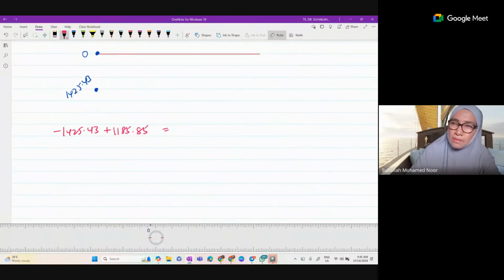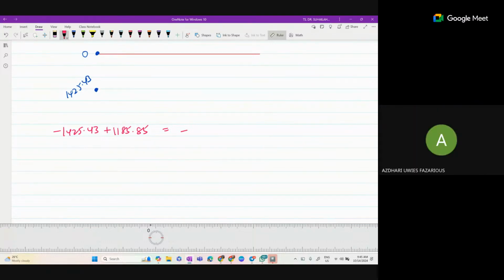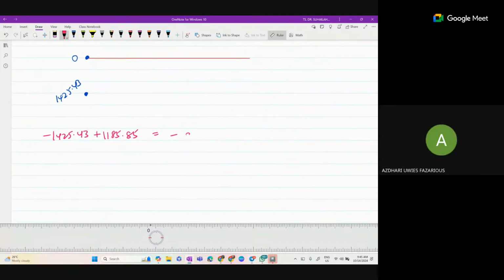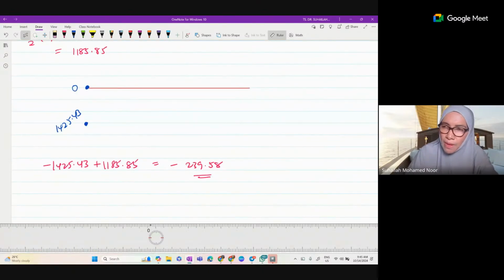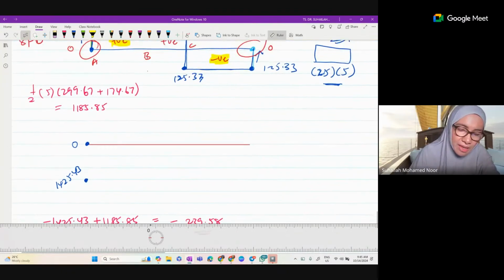What is the answer? We still get negative, 239.58. So the moment value at point B is 239.58, still negative.